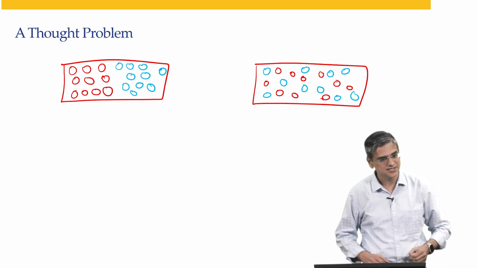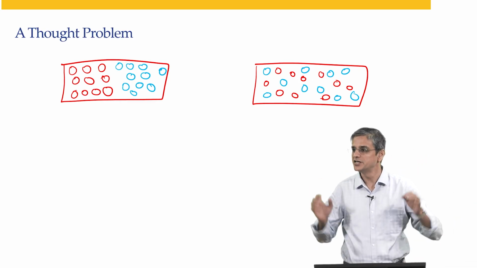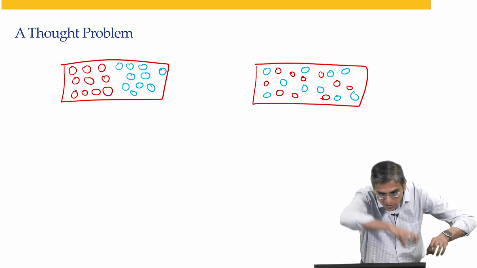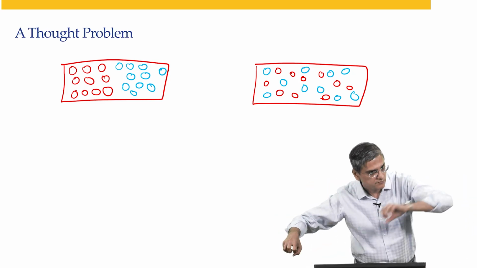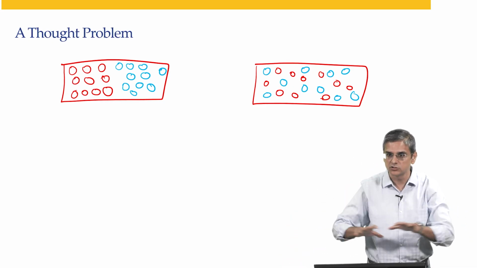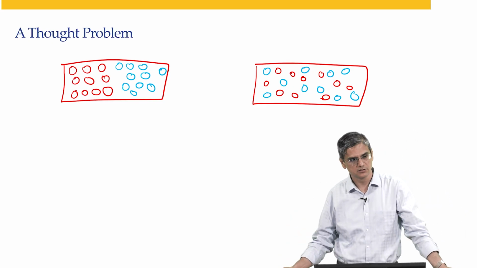To go from the right hand side image to the left hand side image, you need to add in energy. How do you add in energy? You go there and you pick those balls. Pick this ball, take it over here, pick this ball, take it over here. After that, you will have that separation.